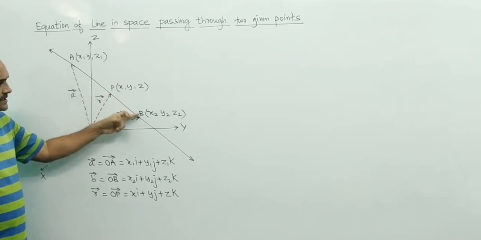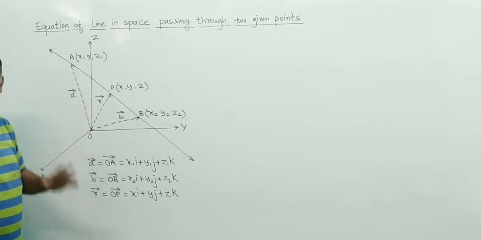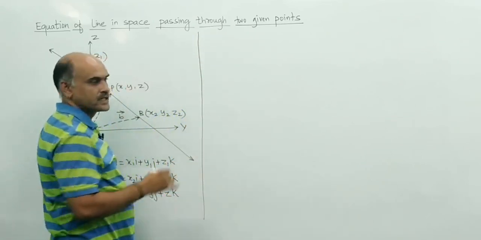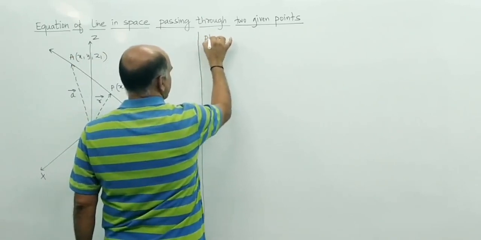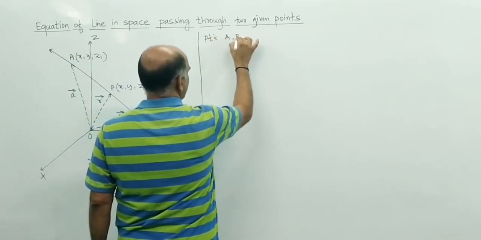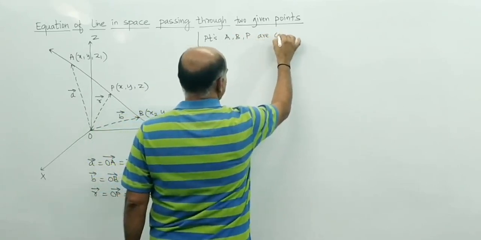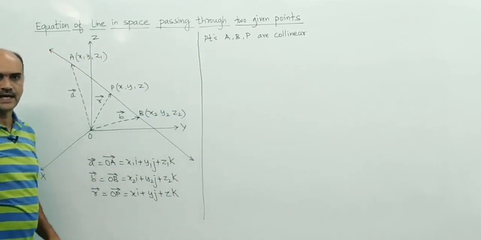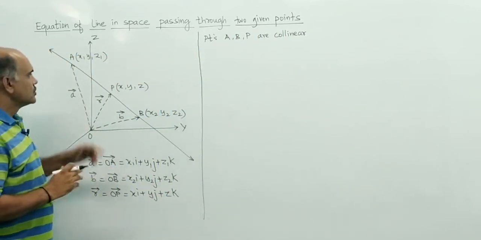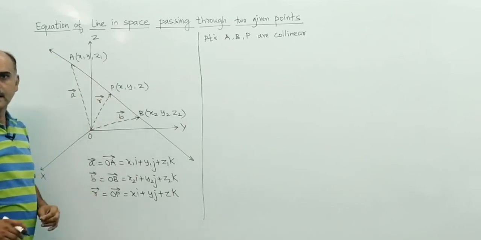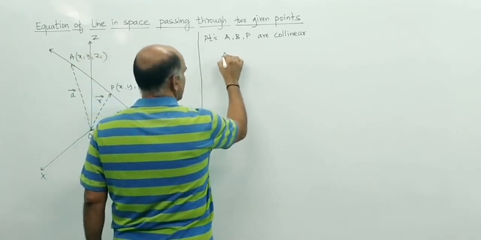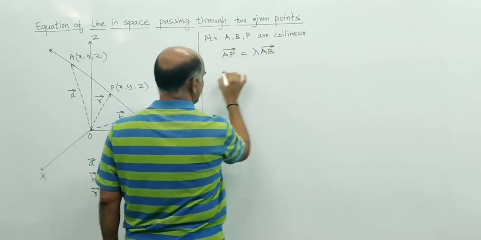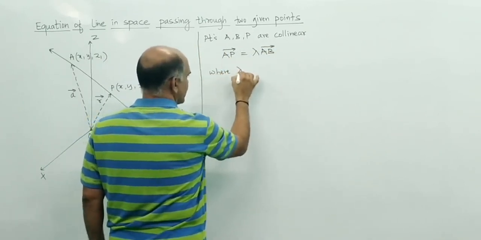Now, as these three points are on the same line, you can say that A, B and P are collinear, meaning they are lying on the same straight line. As these are collinear, I can write vector AP is equal to lambda into vector AB, where lambda is a real number.